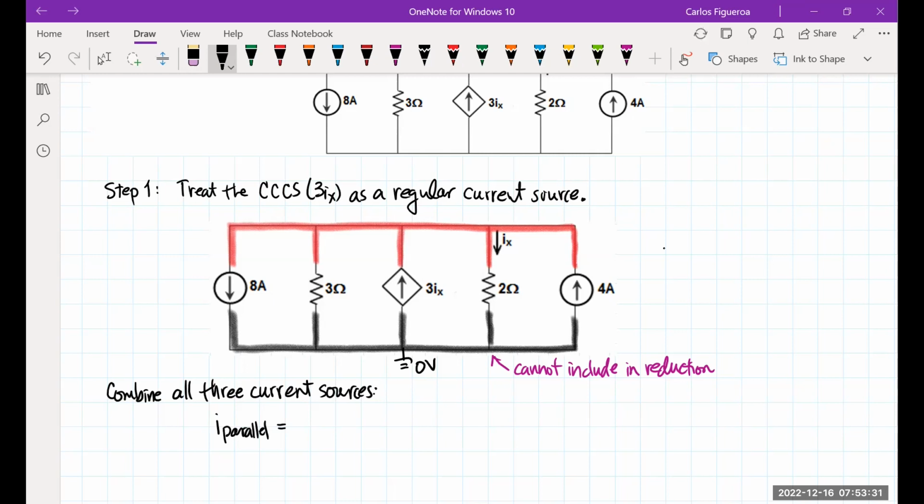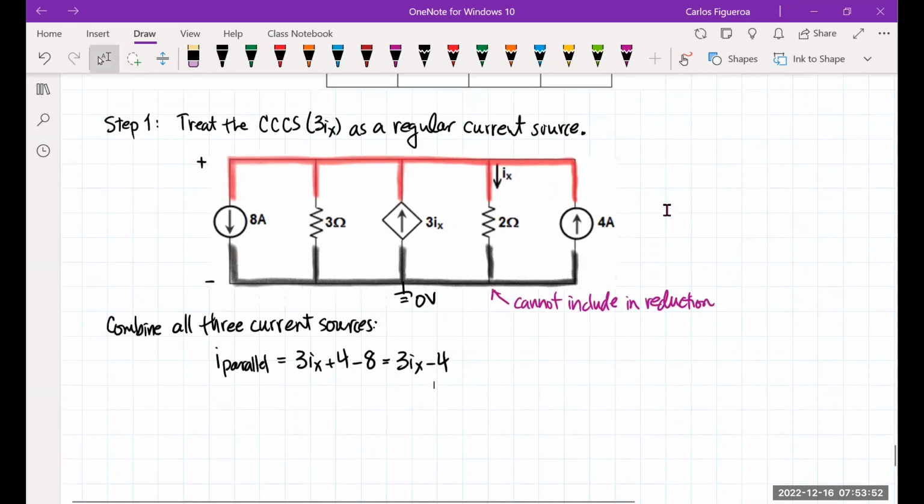I'll call that my positive direction, and this my negative direction. So I'm going to have 3ix plus 4 minus 8. Now I have a source that's 3ix minus 4.